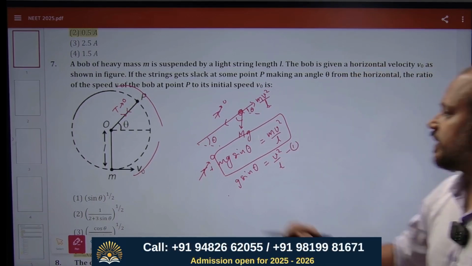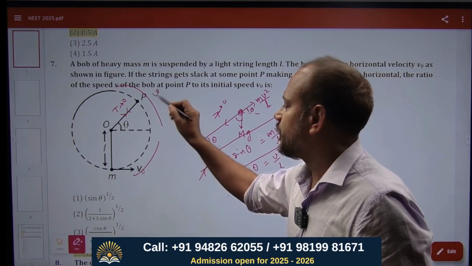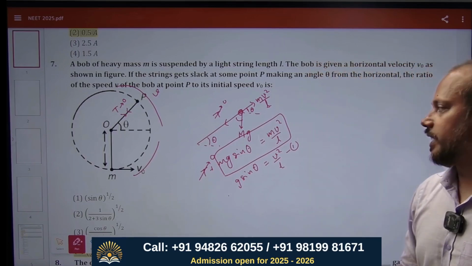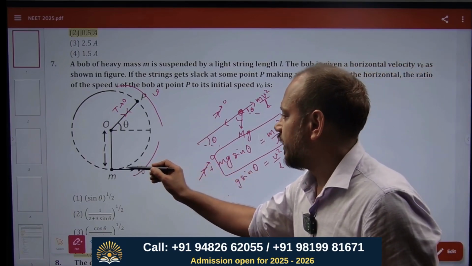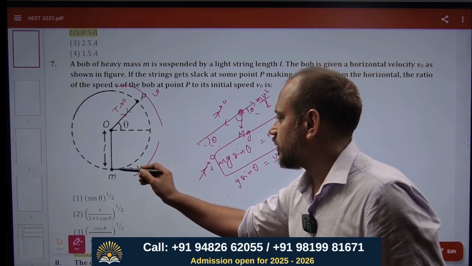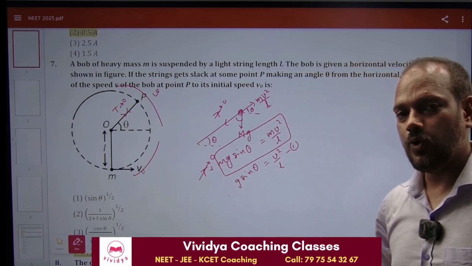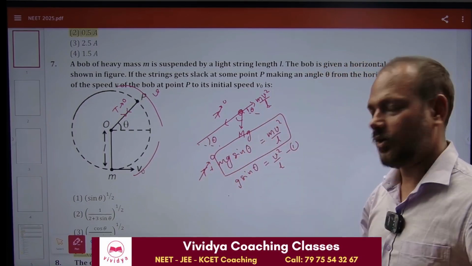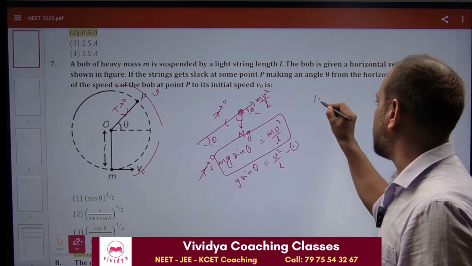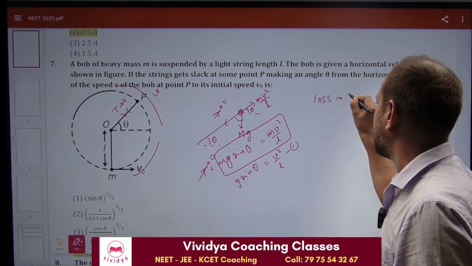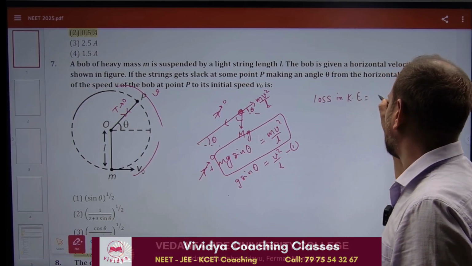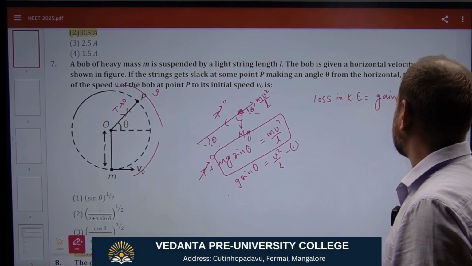Now, how do we relate the velocity over here, which is v, with v naught? We can relate it by energy conservation. Of course there is a gain in potential energy, so there will be a loss in kinetic energy. I will write in terms of gain and loss. The loss in kinetic energy should be equal to the gain in potential energy.